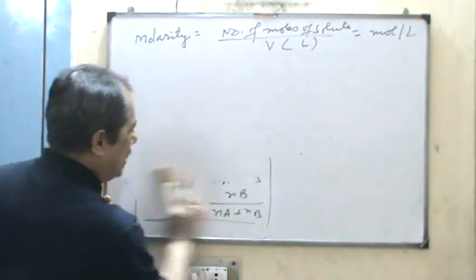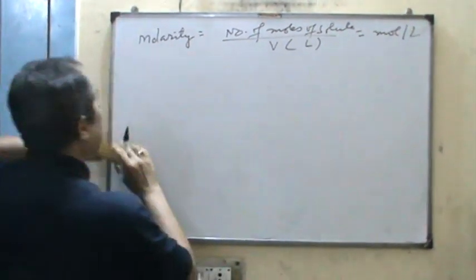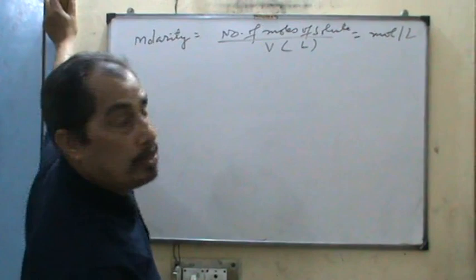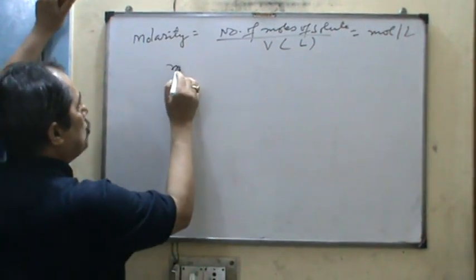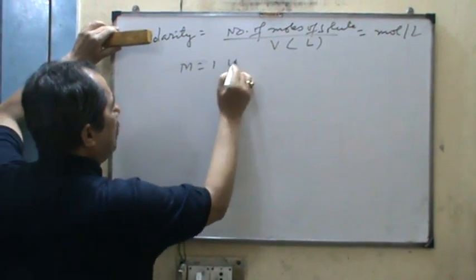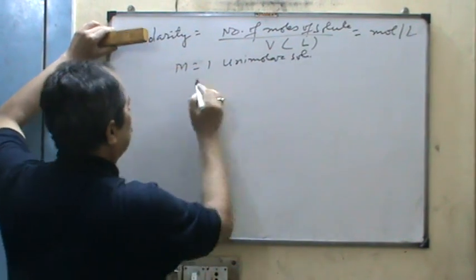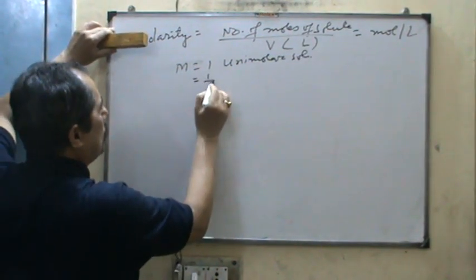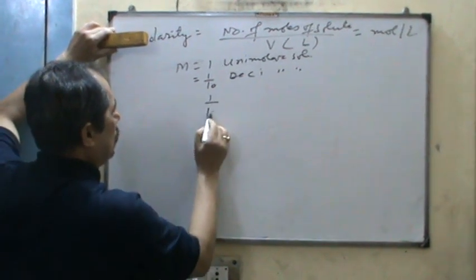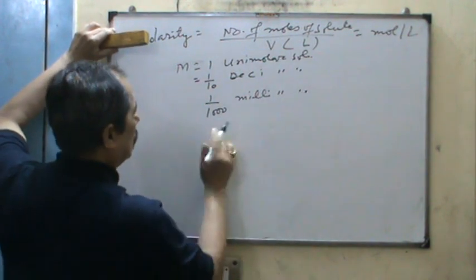Concentration in terms of molarity may also be provided in different terms in your numerical, as used usually by the examiner in your paper. If M is equal to 1, or you can use capital M equal to 1, it is called unimolar solution. If M is equal to 1 by 10, decimolar solution. If it is 1 upon 1000, millimolar solution.